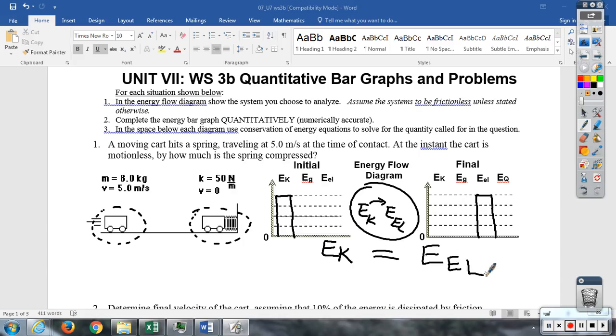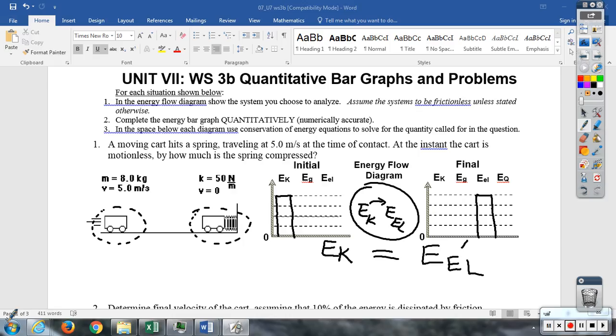And anytime I have energies on the right, which are final energies, I'm going to just put a little prime at the top, this little apostrophe, just so that there could have been, let's say, in some examples, some kinetic energy left over. And I don't want to get my kinetic energy that I had before mixed up with the kinetic energy that I have left over after. So the way I'm going to denote those differences is with a prime.